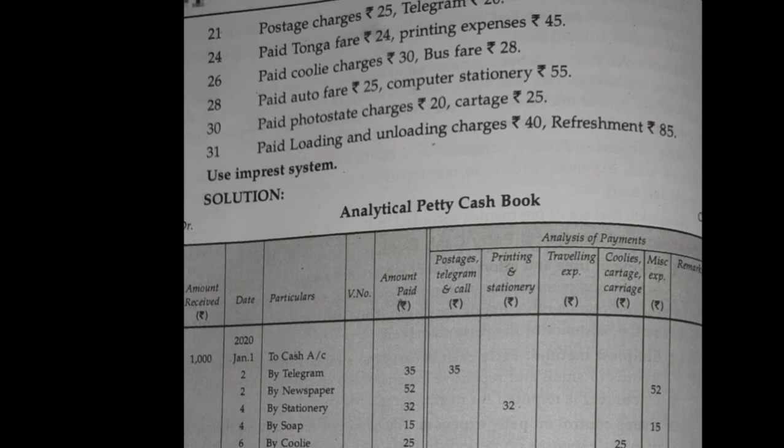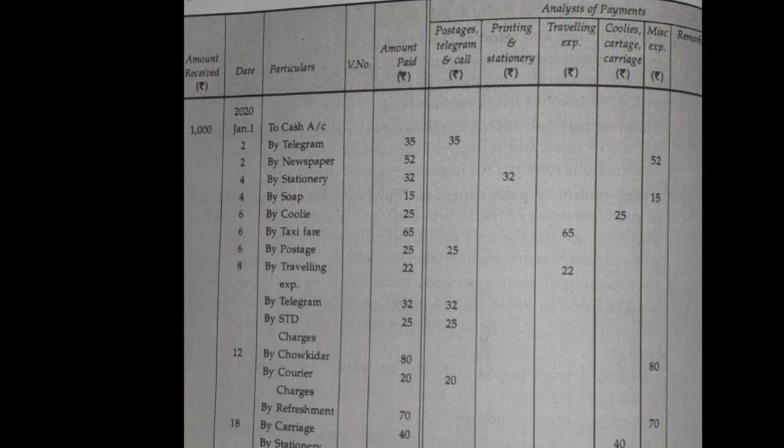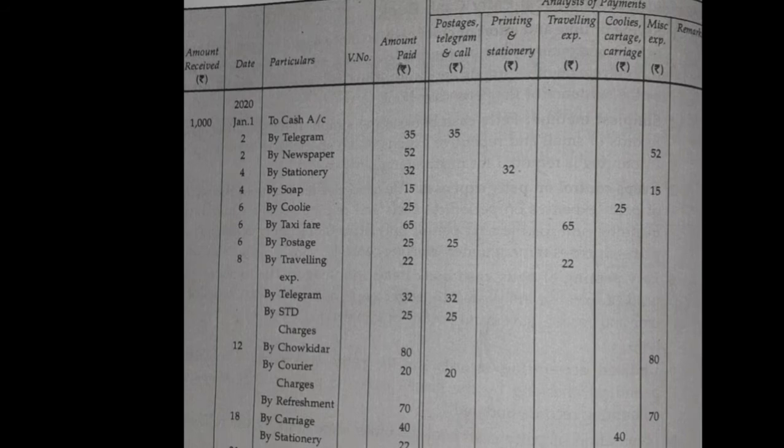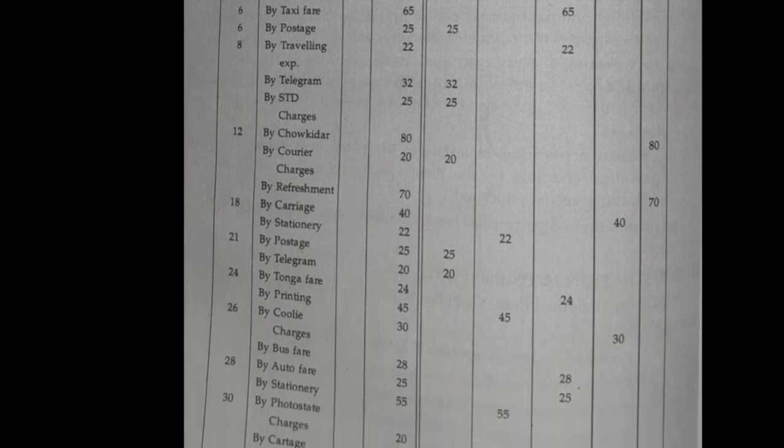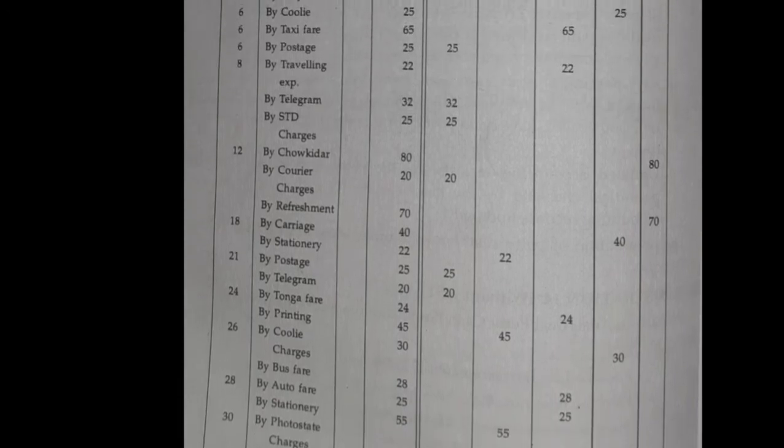While doing the sum, what you will do: telegram, newspaper, stationery, soap, accordingly one by one each transaction is recorded. First you will record everything in the amount paid column. Can you see the amount paid column here? In the amount paid column, all the expenses are recorded right from January 2 till January 31st.